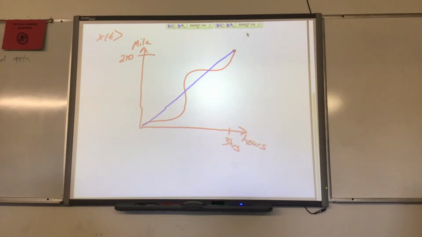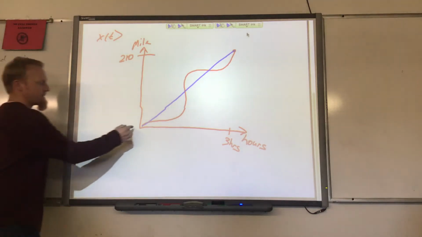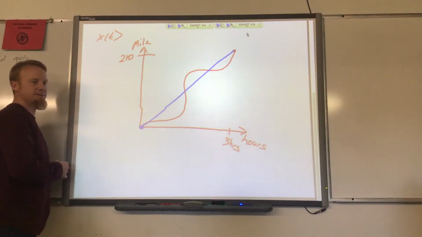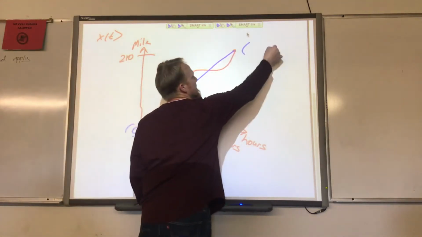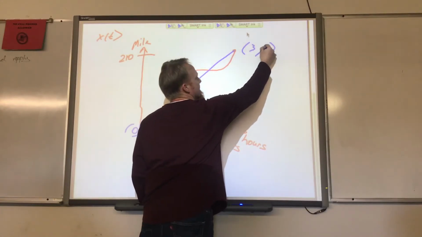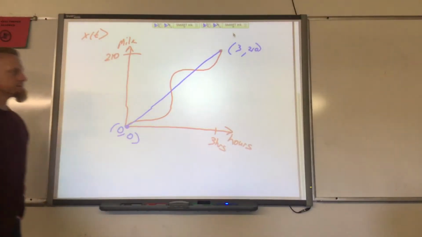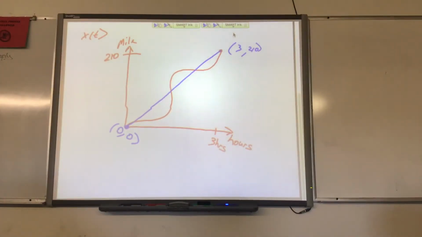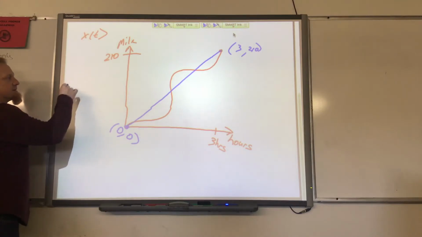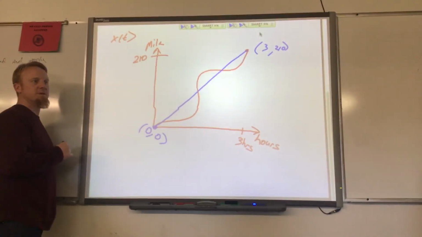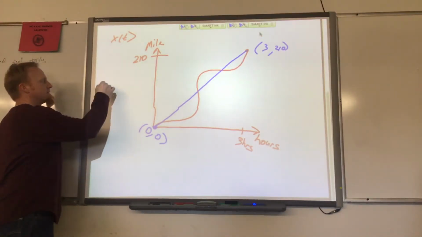So what's my slope? Let's get ordered pairs. What's my ordered pair right here? 0, 0. And here? 3 and 210. I want the slope of that line.